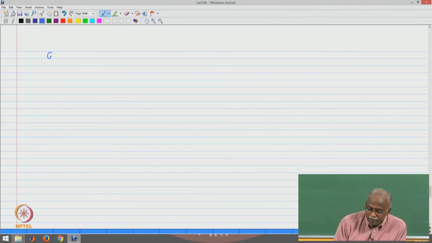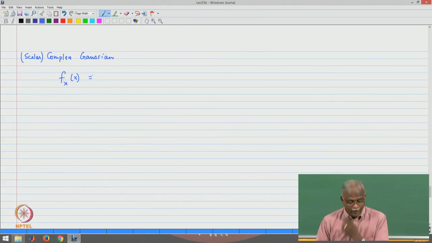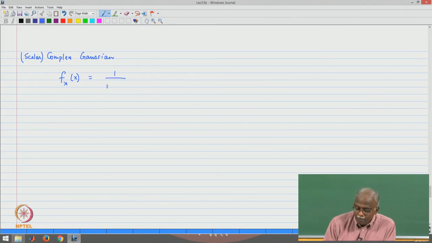If I have a scalar complex Gaussian source x, in that case we can write down the probability distribution function f_x(x) in the following way: 1 by pi sigma squared, where sigma squared represents the variance of the real and imaginary part, e power minus mod x squared divided by sigma squared.